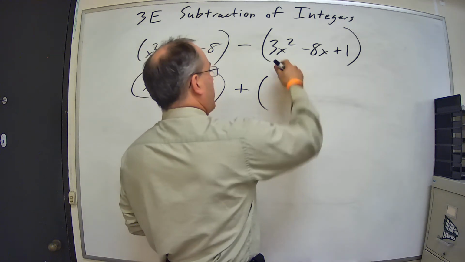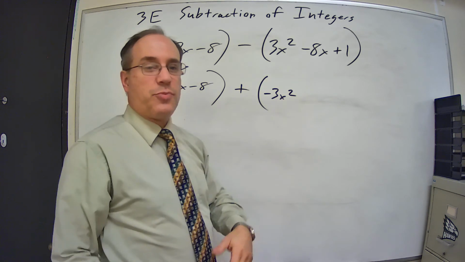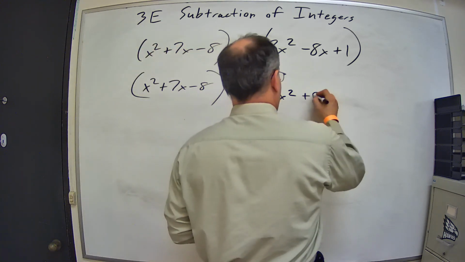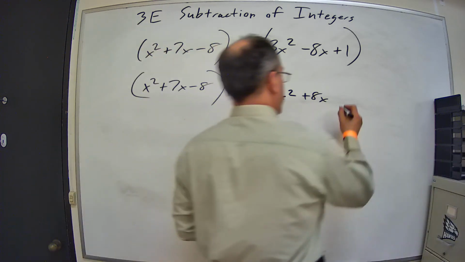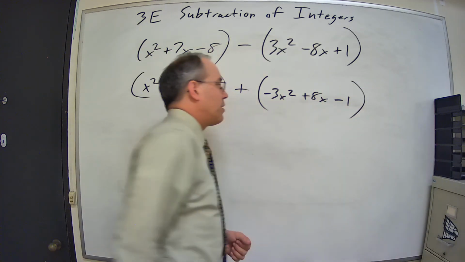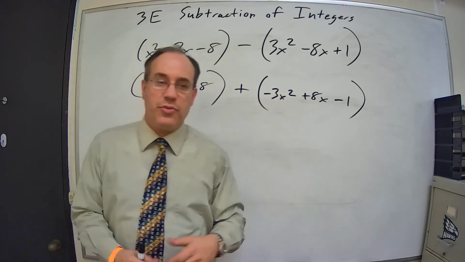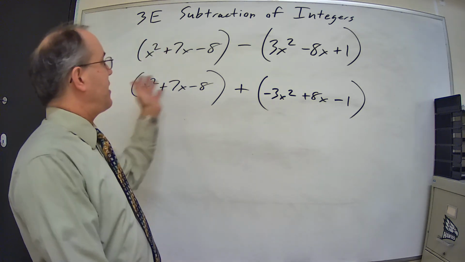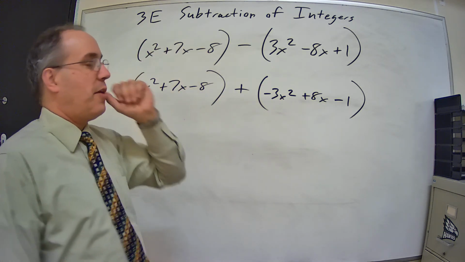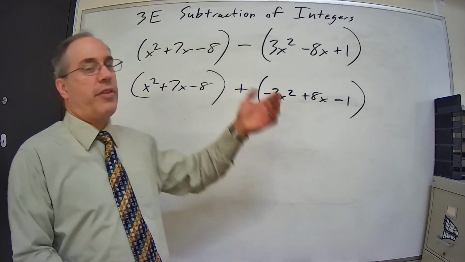So 3x squared becomes negative 3x squared. Negative 8x becomes positive 8x. Plus 1 becomes minus 1. And then we would be able to add these two polynomials together. So that's showing a basic application of subtraction of integers and how it works when dealing with algebra.